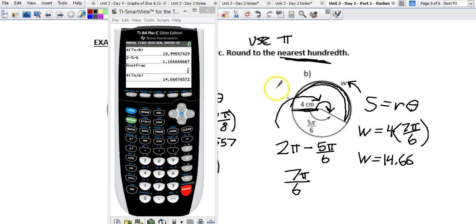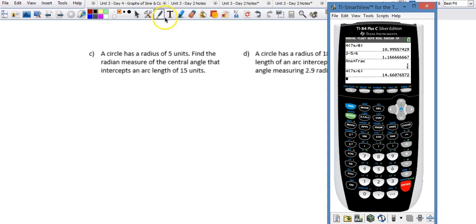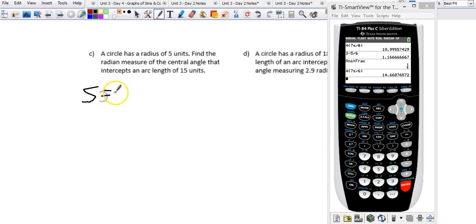And since that was in centimeters, we'll put a little cm there. Very good. Try the next two problems, read through them. Part C and D don't give you a circle, but it's still the same formula. You're still using S equals R theta.